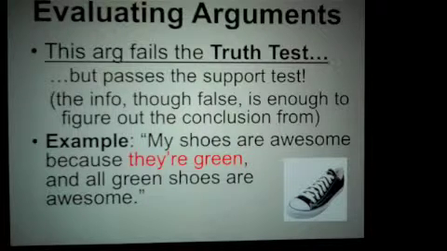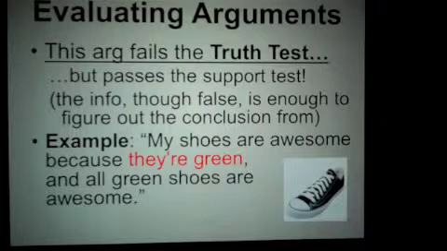All right, so let me just give you an example of how these are independent. Some arguments fail the truth test but pass the support test. That argument I just gave about my shoes being awesome because they're green and all green shoes are awesome fails the truth test. That first premise, they're green, is false, but it passes the support test. If those premises were true, we would be able to logically conclude from those premises alone that my shoes are awesome.